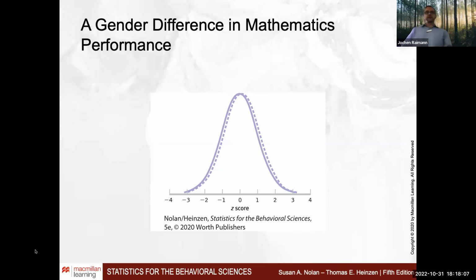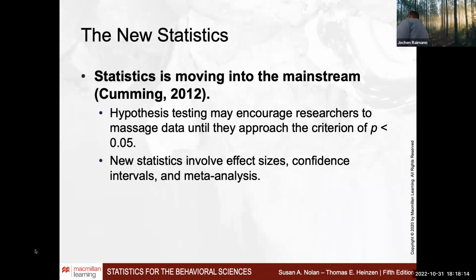And arithmetically, these outliers obviously matter in statistics. So that's the idea when Nolan and Heinzen thought it was important that you understand the so-called new statistics, a term I hadn't heard before I started teaching that book. I knew these terms, but I had never heard of new statistics.